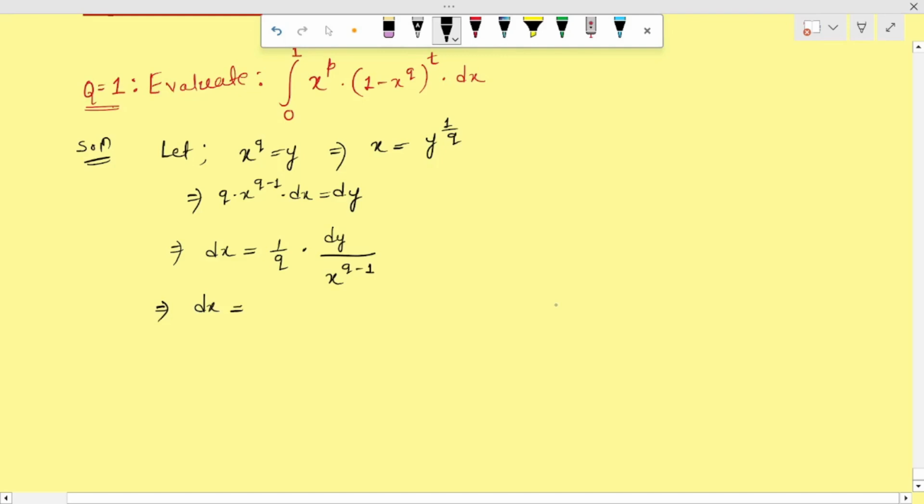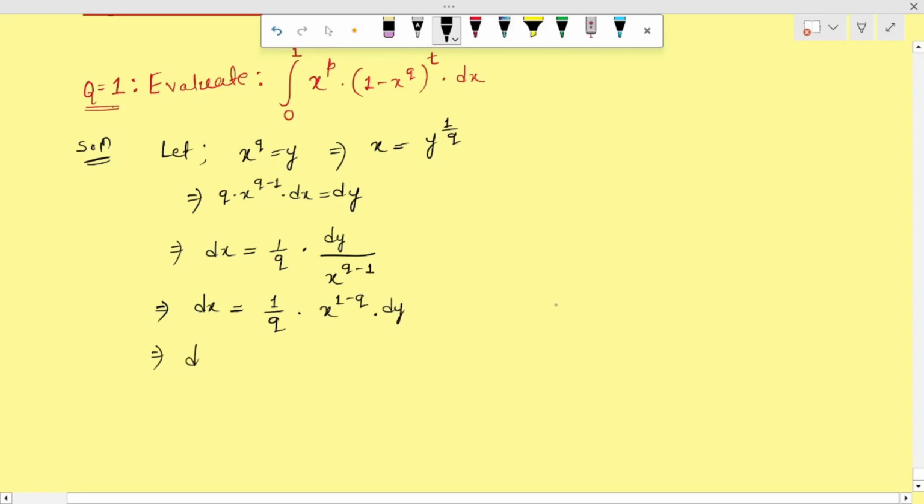Here you can see x to the power q minus 1 is in the denominator. If I take it to the numerator, it will be x to the power 1 minus q into dy.